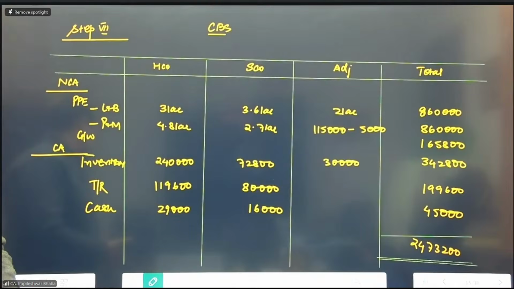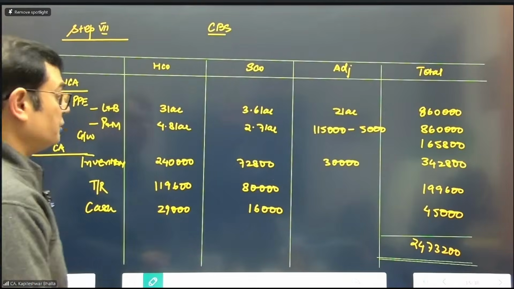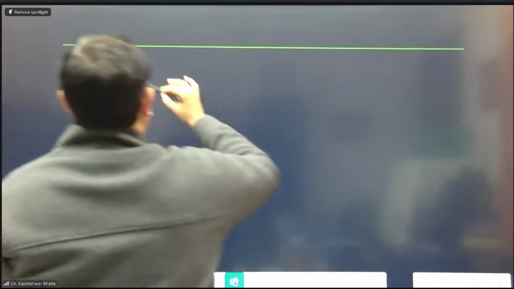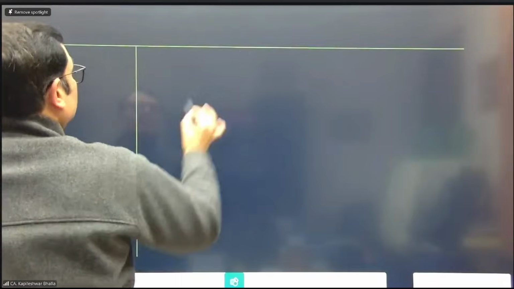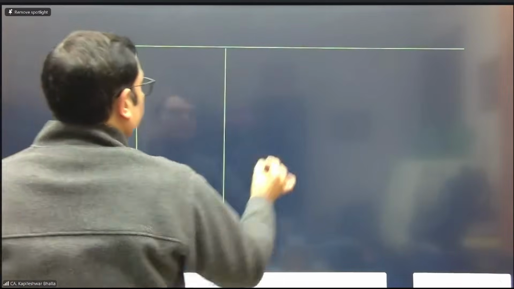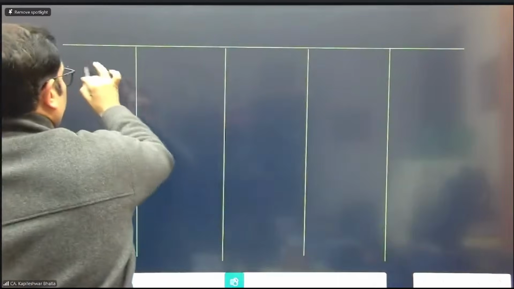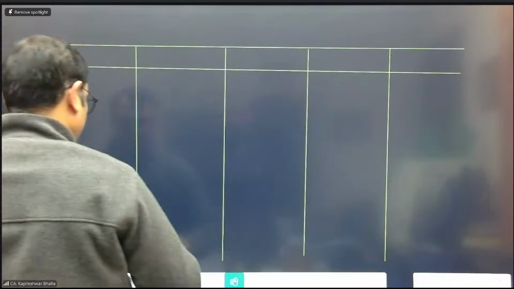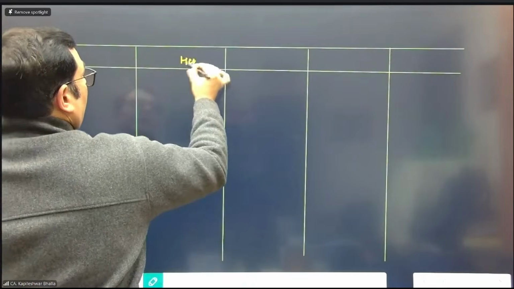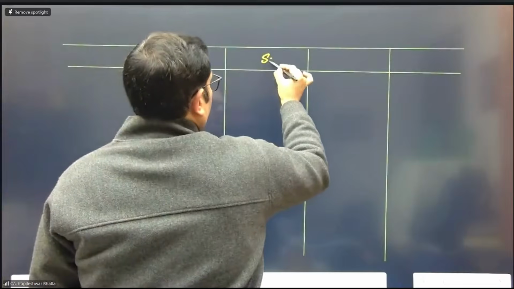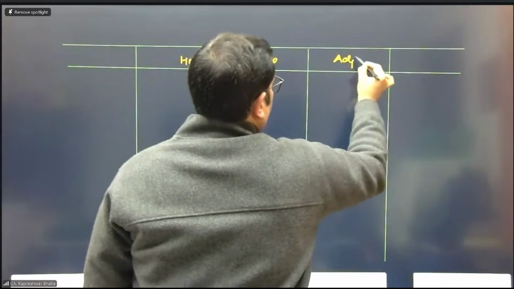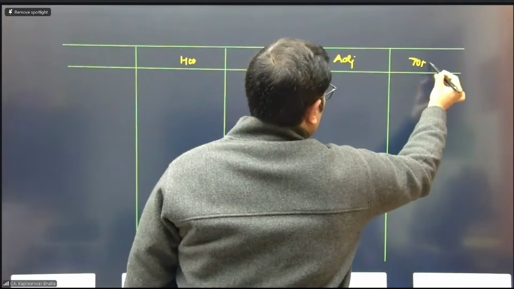Now let's go to the liability side of the balance sheet. Same format continues. So one column for the parent, subsidiary, adjustments, and the total.